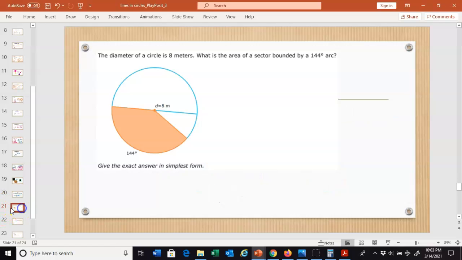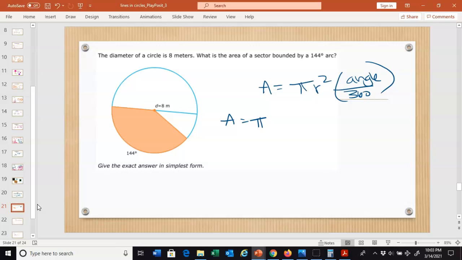So let's try it. The diameter is 8. What is the area of the sector bounded by the 144-degree arc? So we're going to use our formula. All right, so the area is, now the diameter is 8, so that makes the radius 4, right?